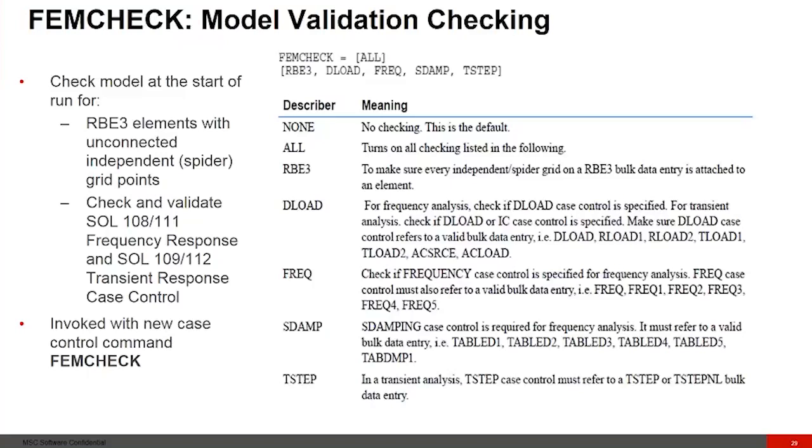For example, if you pick RBE3 only, then it will check for RBE3 unconnected grid planes. For other options, it can check and validate solution 108 or 111 frequency response and solution 109 or 112 transient response case control. All the capabilities are listed on the slide and can also be found in the quick reference guide.